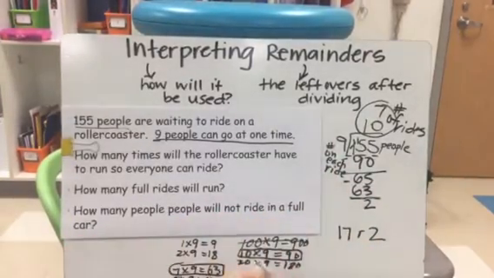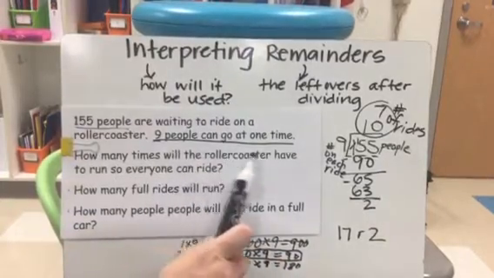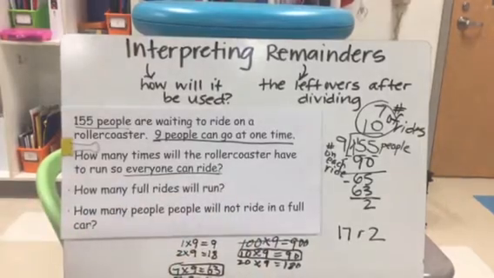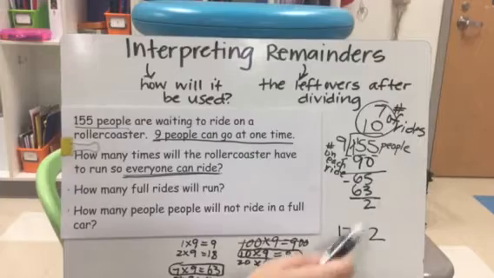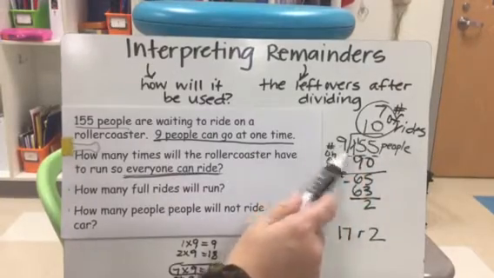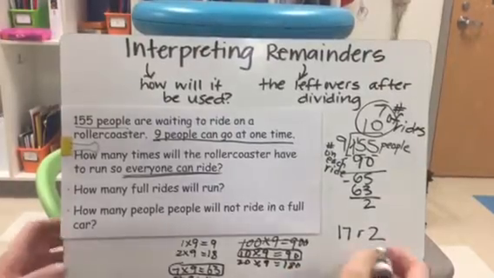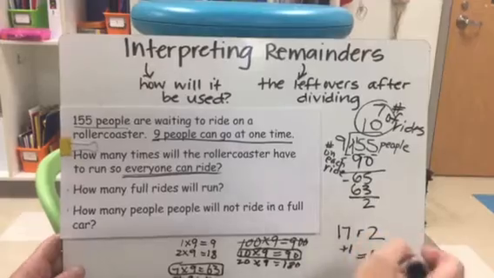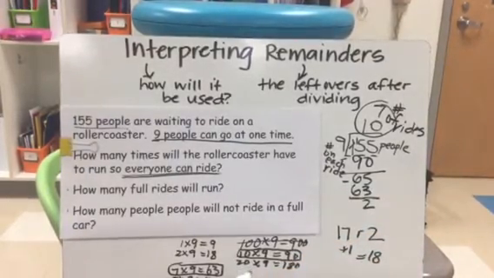All right, now we're going to interpret this remainder. So let's look at this question here. How many times will the roller coaster have to run so everyone can ride? This is important. Everyone wants to ride. Well, the 17 was 17 groups of 9, but these 2 people want to go also. So we actually have to do +1 and say 18 times, because they're going to ride. They're the only 2 on the roller coaster.